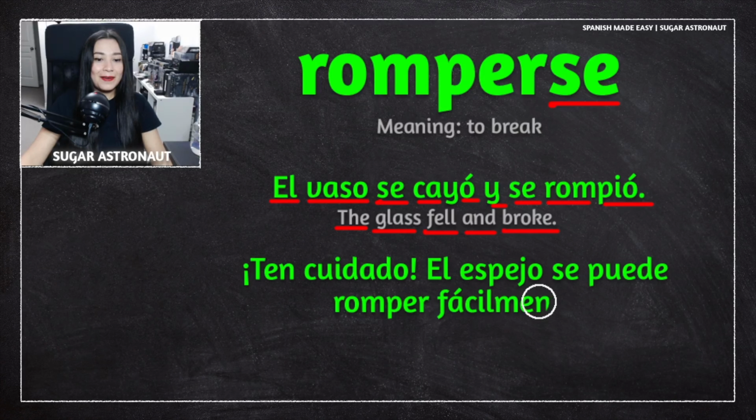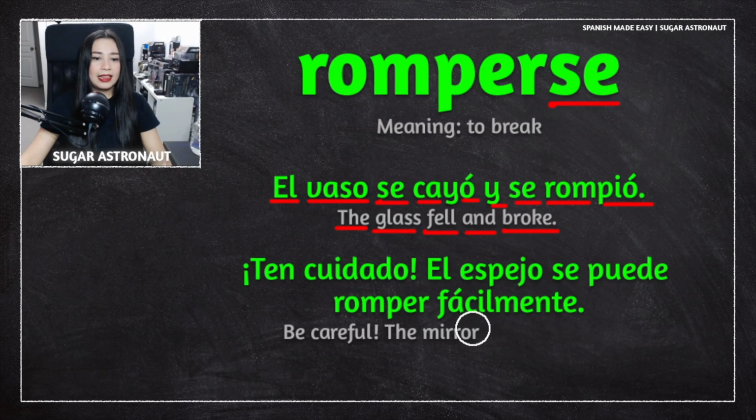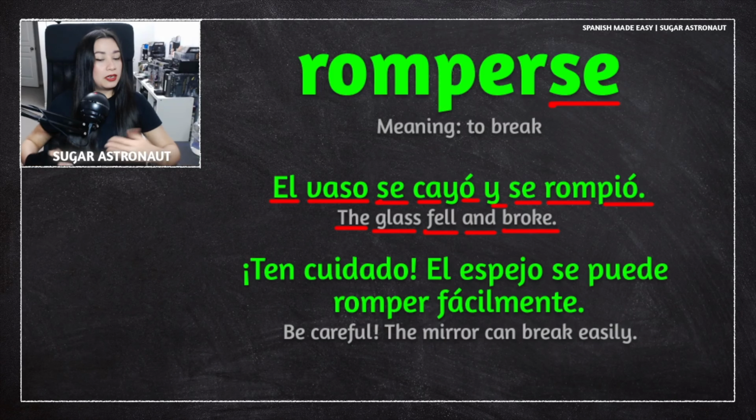Ten cuidado. El espejo se puede romper fácilmente. Okay, so what does this mean? You know what the beginning means? Be careful. The mirror can break easily. Okay, so very simple. We're talking about a mirror being very fragile, so you gotta be careful with that.